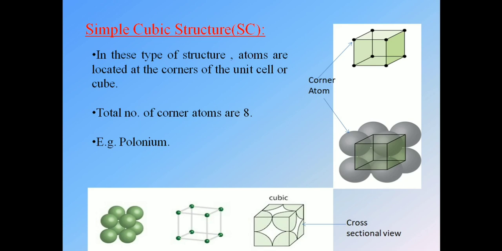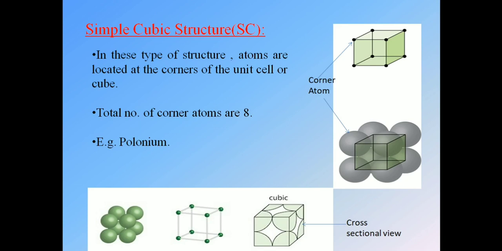Okay, if I increase the size of the corner atom such that they are touching the adjacent corner atoms, then it will be seen as in the figure. And if I want to cut my unit cell only, then I can get a cross sectional view which is shown in the figure.